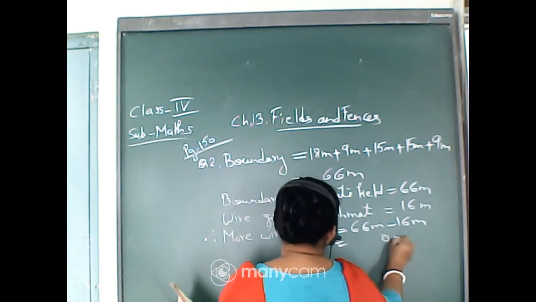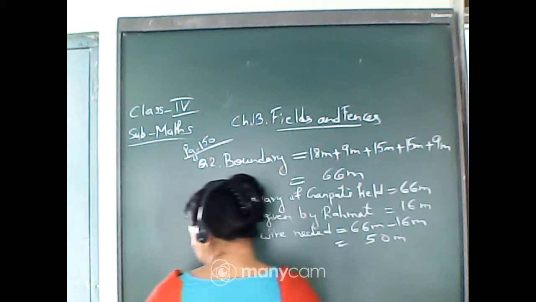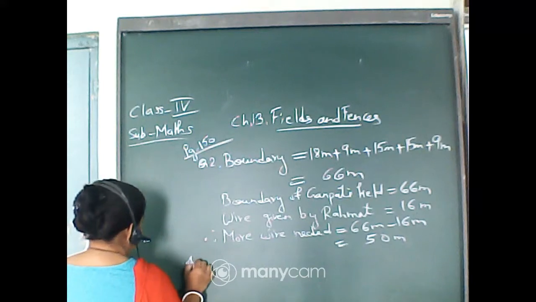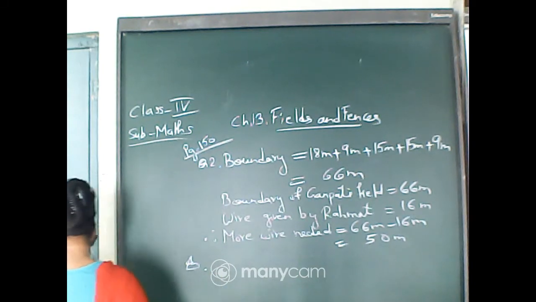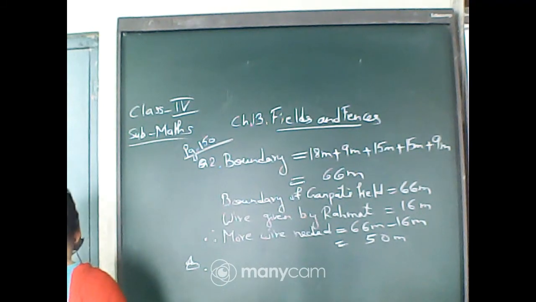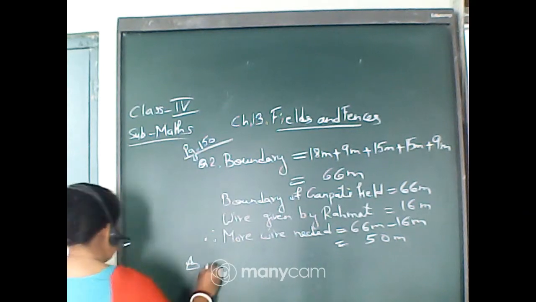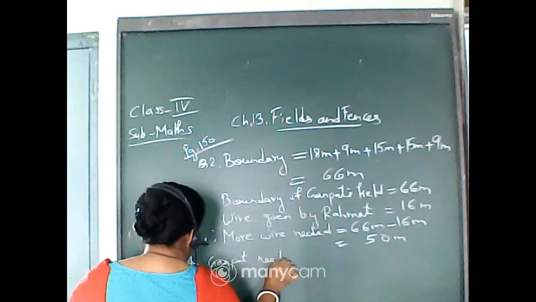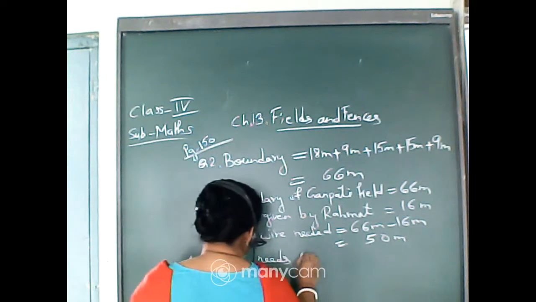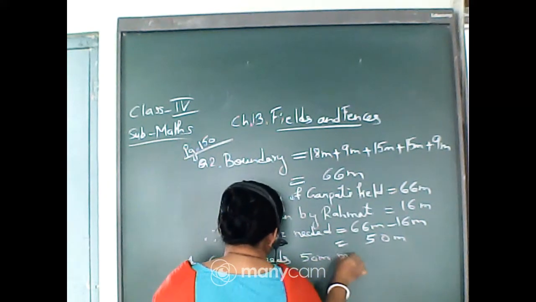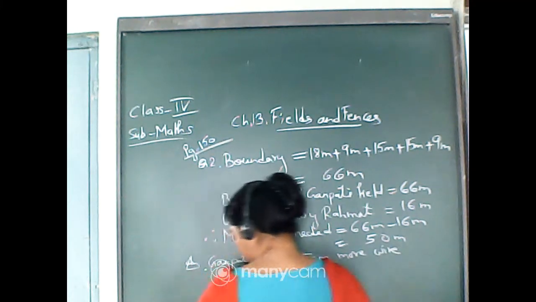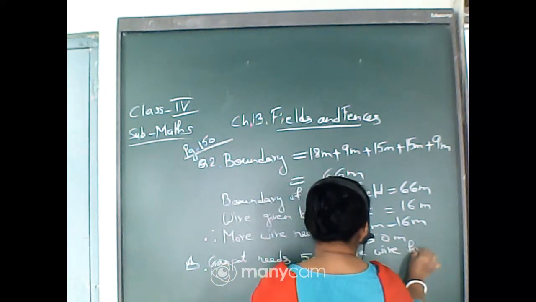It will be 50 meter, isn't it? 50 meter more wire is needed for Ganpat, for his field, isn't it? So you will write, Ganpat needs 50 meter more wire for his field.